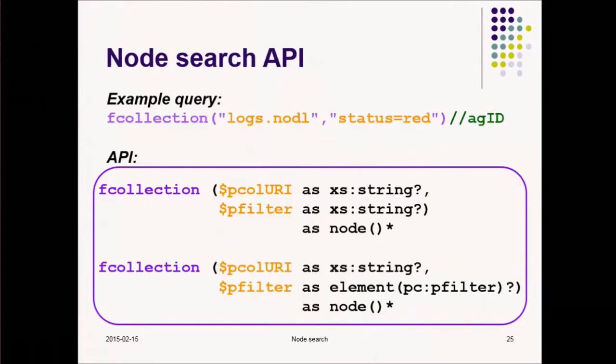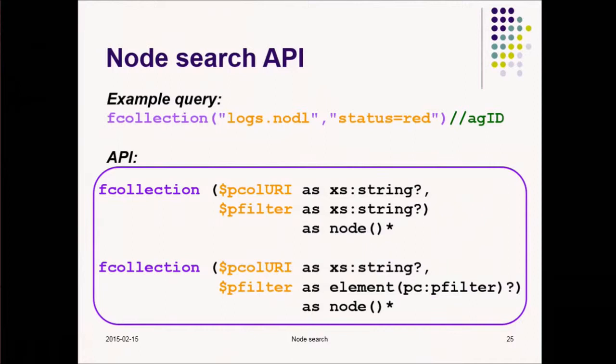So now we are ready for the node search API. As node search is just the filtering of a p-collection by a p-filter, we have a single function with two parameters, one identifying the p-collection, the other one supplying the filter.